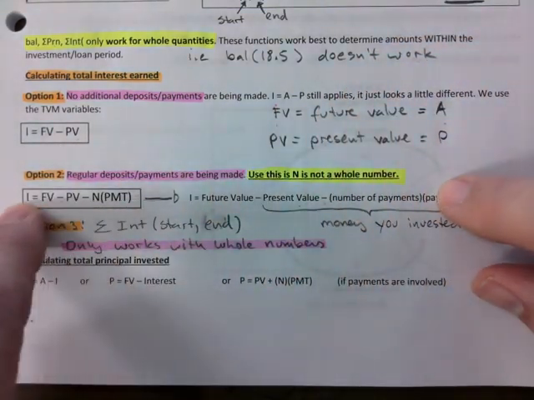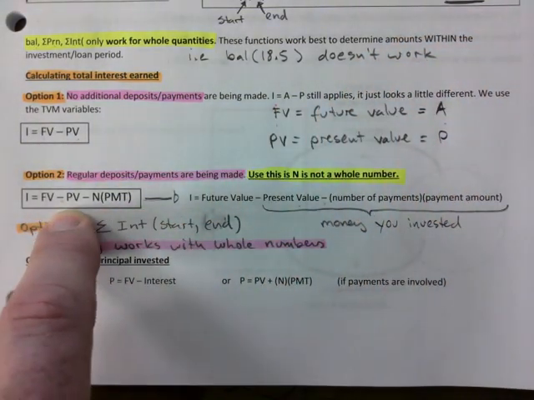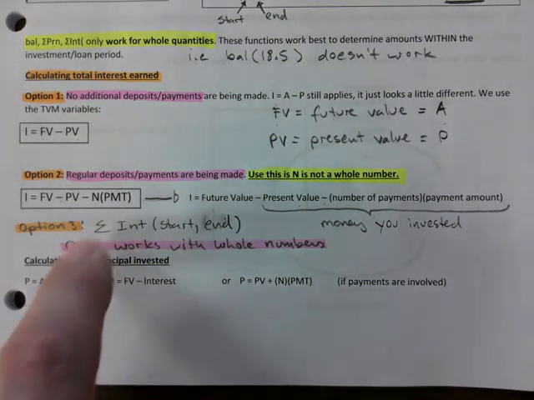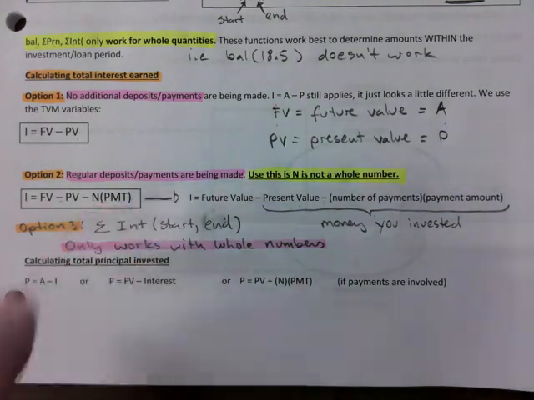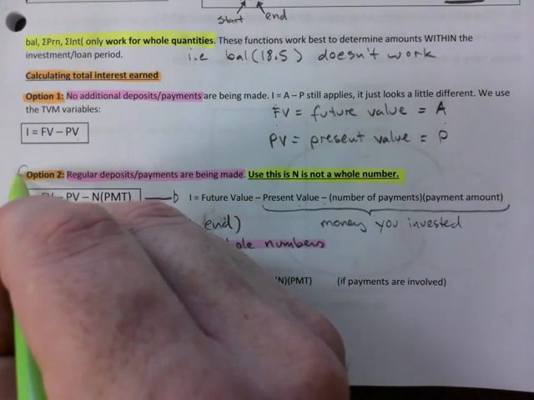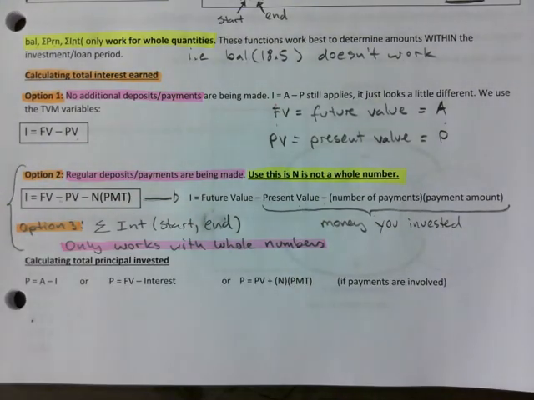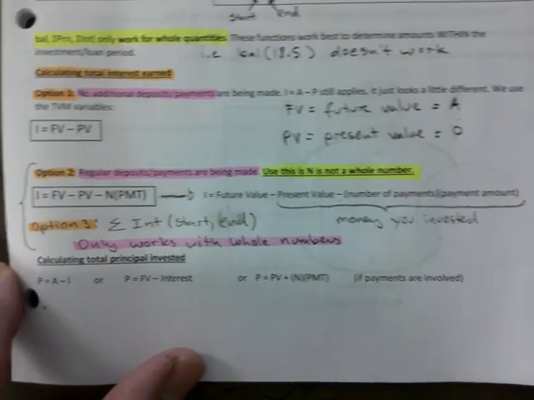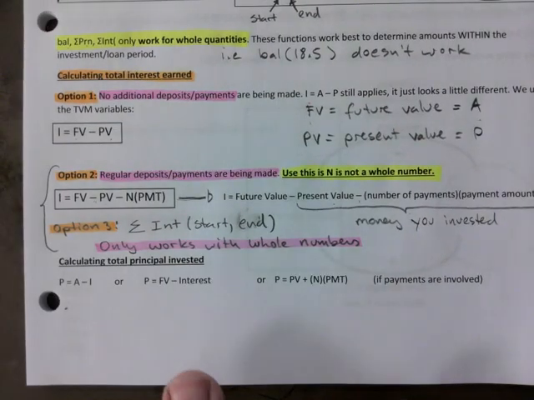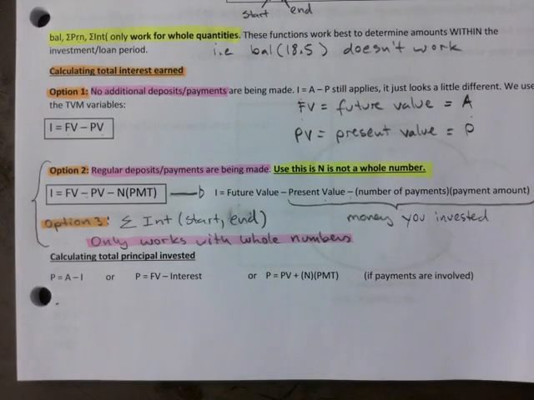So this one works every single time. You just have to remove the payment part. So I would say to find the total interest, option 2 and 3 are the only ones I would consider, but nonetheless.